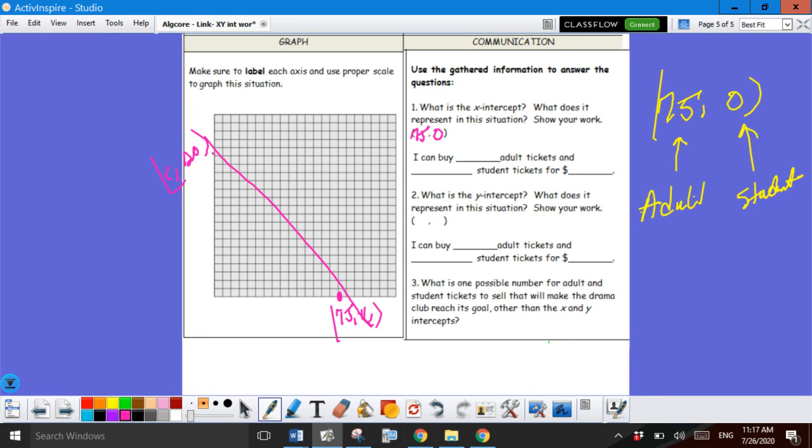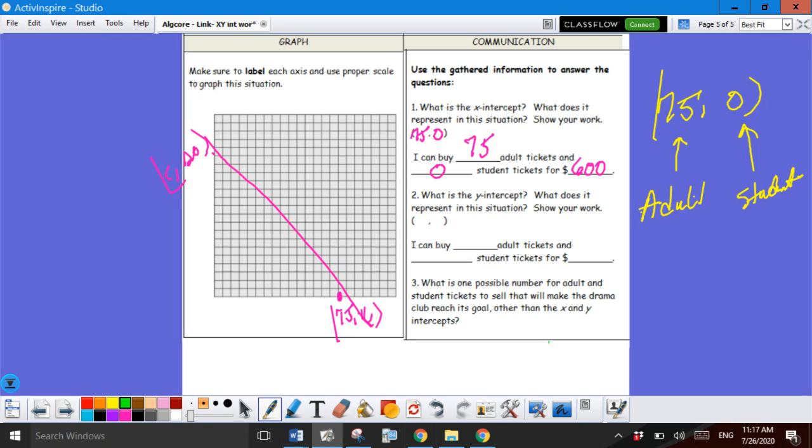Or what am I actually going to be able to buy for $600? How many adult tickets? 75. How many student tickets? 0. So I can buy 75 adult tickets and 0 student tickets, and I've spent $600.